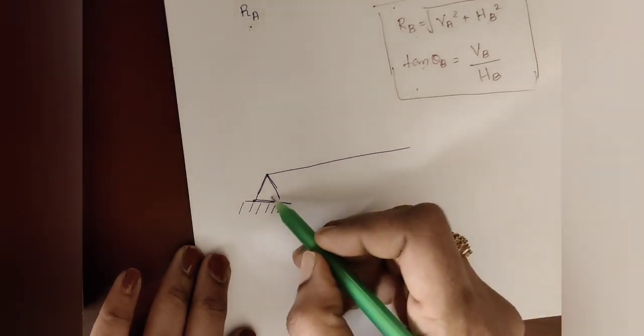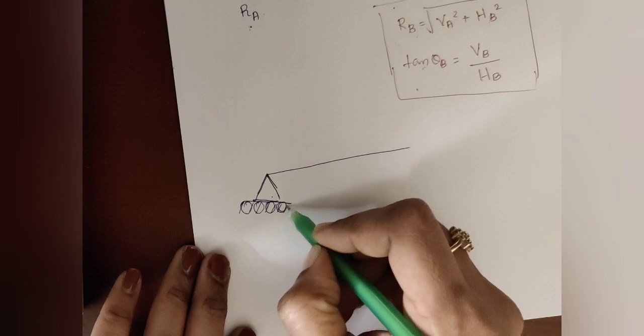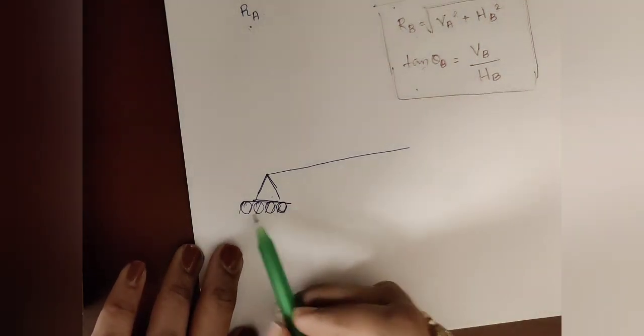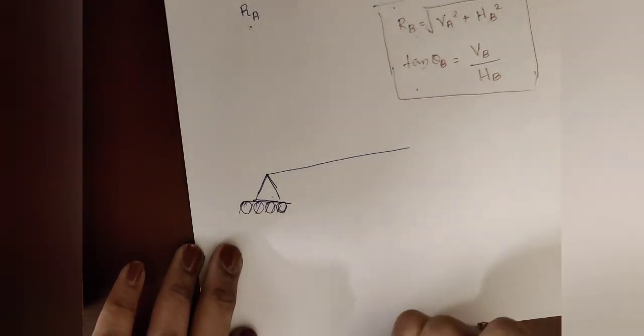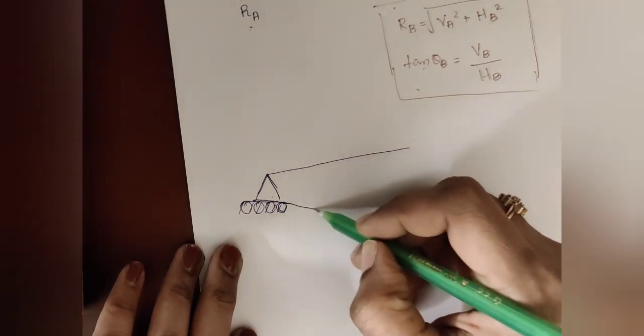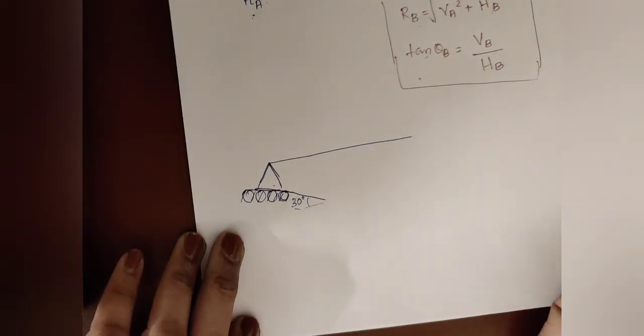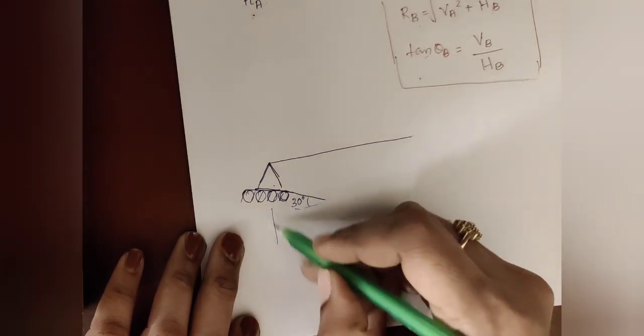So here the roller support is provided, and the notation is like this. If the roller support is provided, which is inclined at some angle, you have this inclination as 30 degree. So you cannot draw the reaction like this.